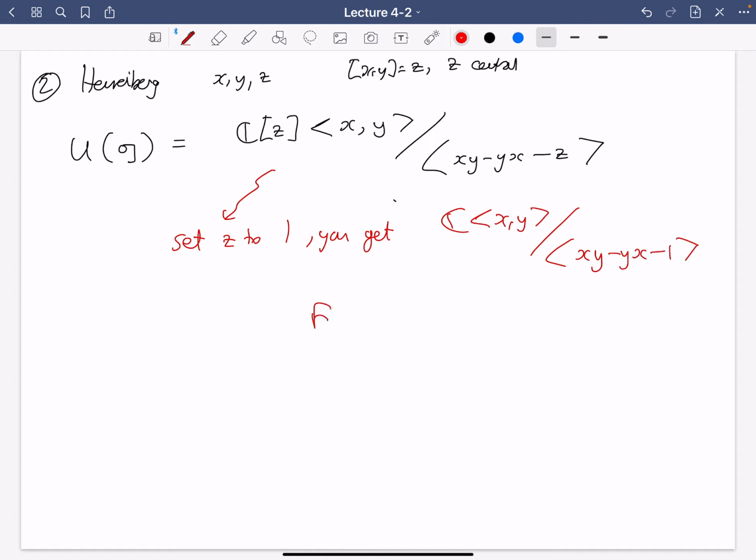This is the first Weyl algebra, which is the first example of a non-commutative associative algebra that you often think about, which is this non-commutative deformation of the usual commutative polynomial algebra in x and y.